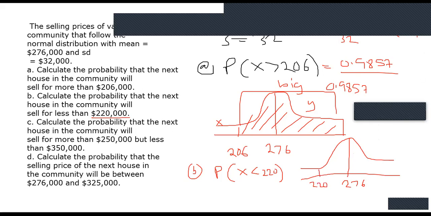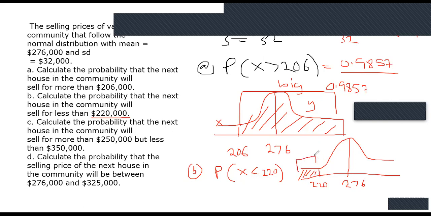X is less than 220, so we are shading the small part. Excellent. Grace, the gents are also intelligent, eh? I thought it was only the ladies. So now, if the shading is small, even before we calculate it, are we going to redirect or subtract from 1? We have to subtract from 1.